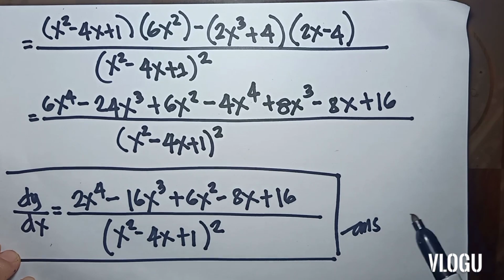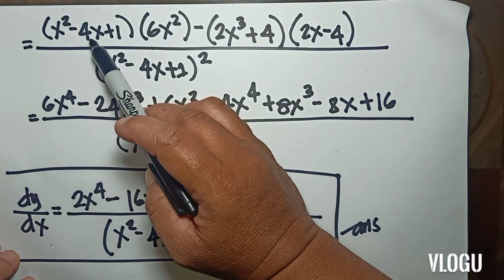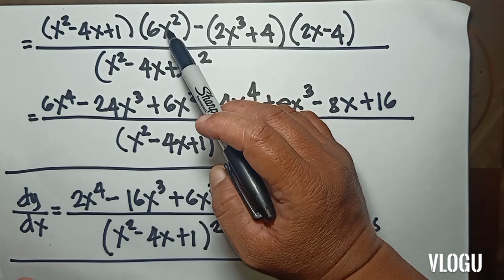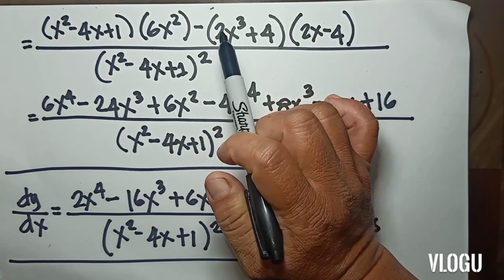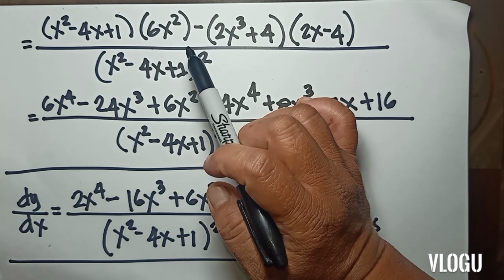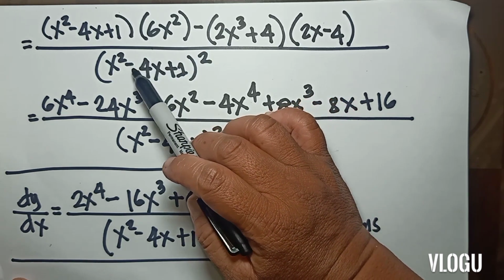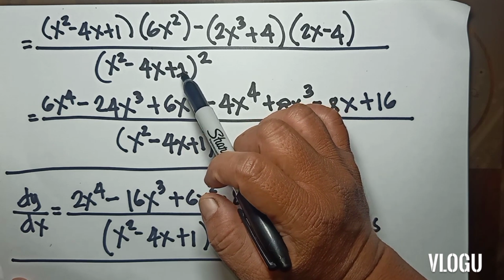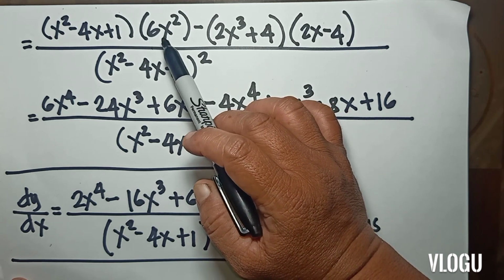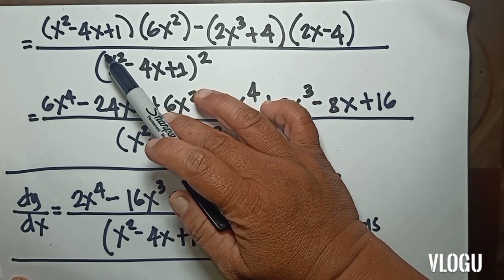Okay, we now have a form of x squared minus 4x plus 1 times 6x squared minus 2x cubed plus 4 times 2x minus 4, divided by x squared minus 4x plus 1 squared. So we are going to multiply 6x squared inside.